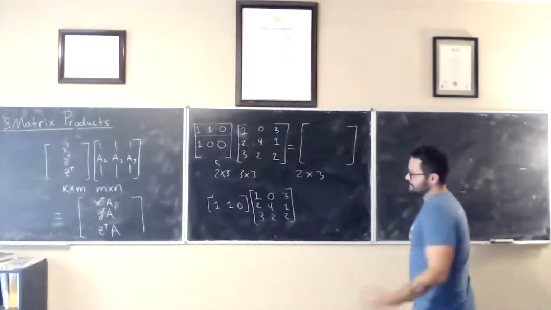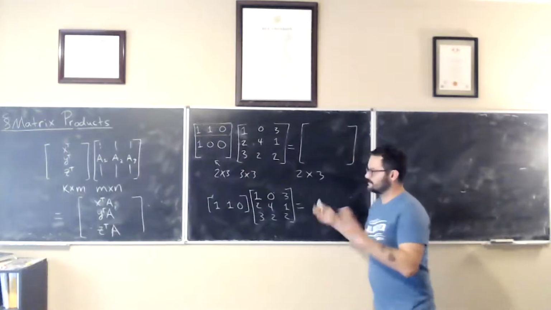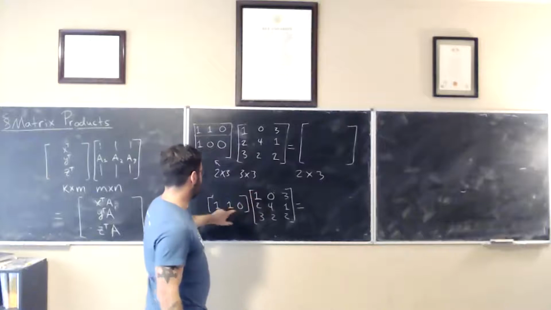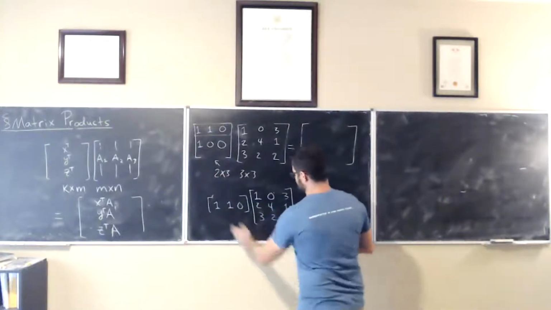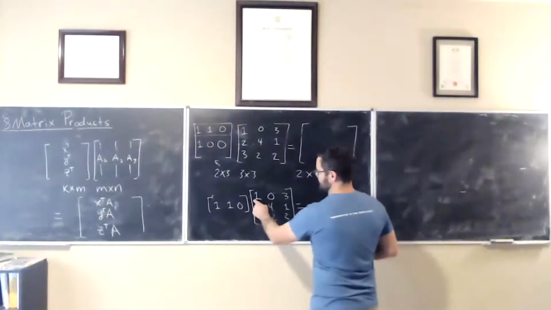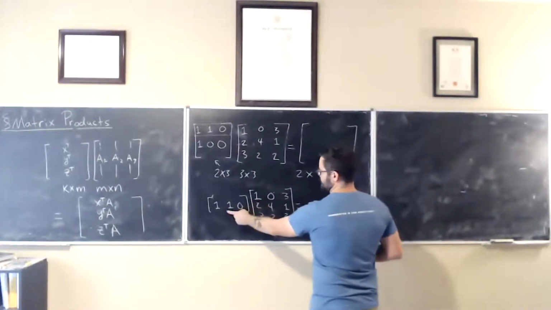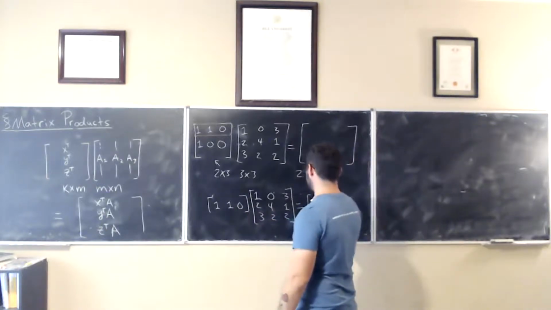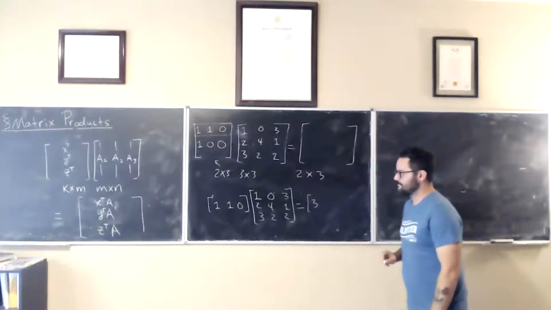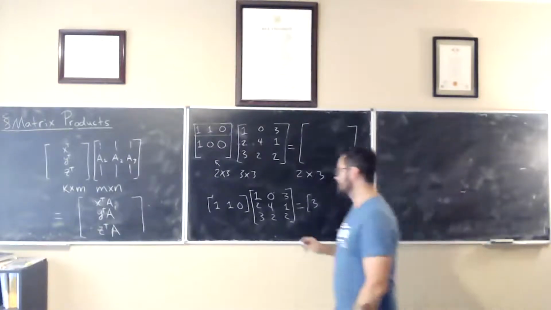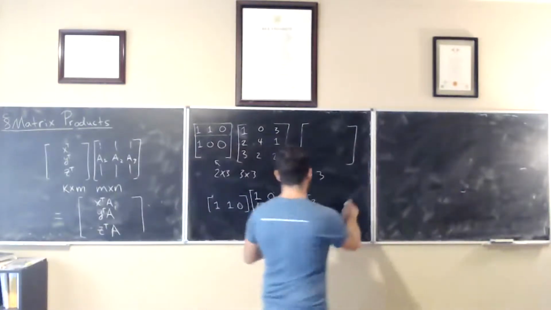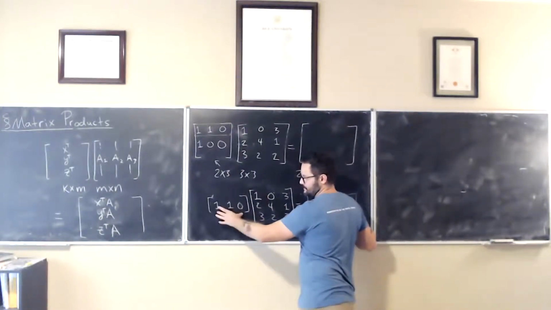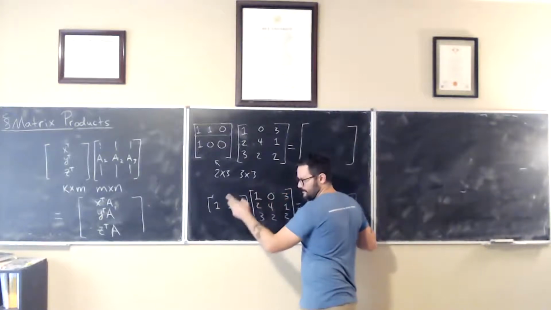All right, so let's think about this in the column way to get a sense of what's happening. It's that times that. So what is that going to give us? It's 1 times 1 plus 2 times 1 plus 0 times 1, so it's going to give us a 3. But what did that really do in the first entry? Now let's switch our mind to think row times that.